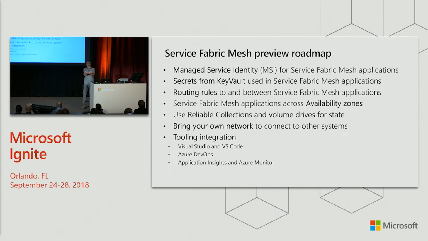Importantly, being able to bring your own network, because inside this world you have some existing resources that you want to hook up to, like your SQL Server database. And then we'll have great tooling, both from the DevOps pipeline and the Visual Studio pipeline, and of course all the data and diagnostics pushed into different diagnostics environments like Application Insights.